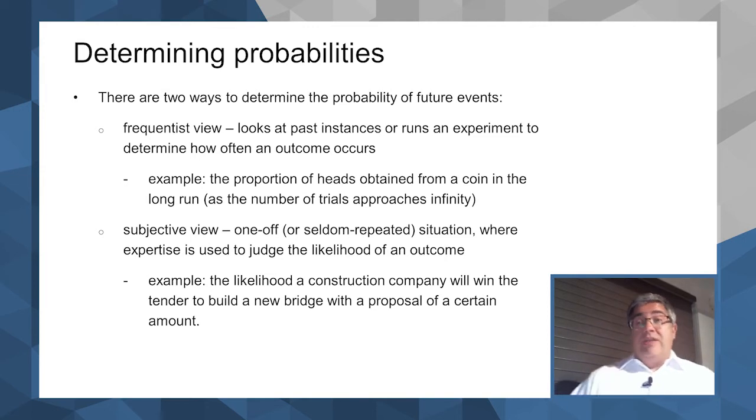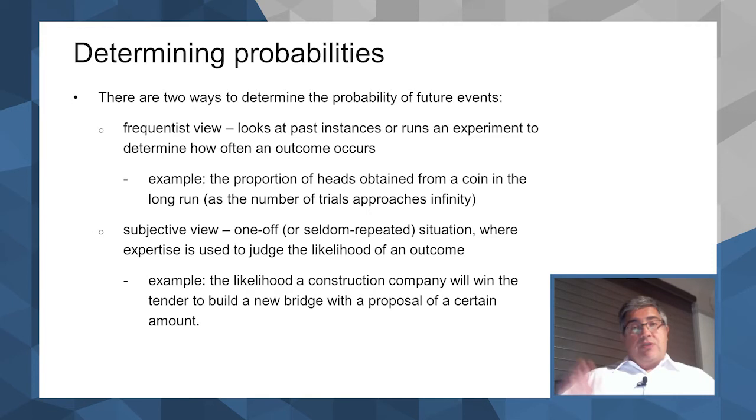The subjective view is when we just use our own expertise, and what we do is, all right, never done this before, let me try now, based on my knowledge, to come up with a probability. And so those are the frequentist and the subjective views.